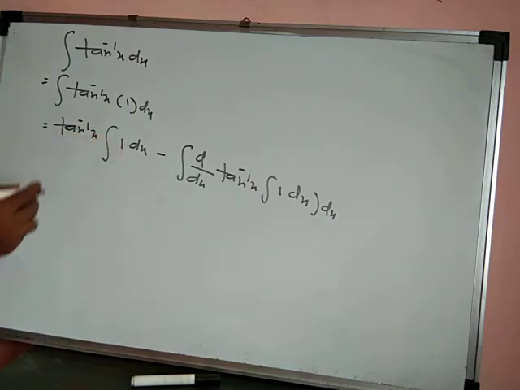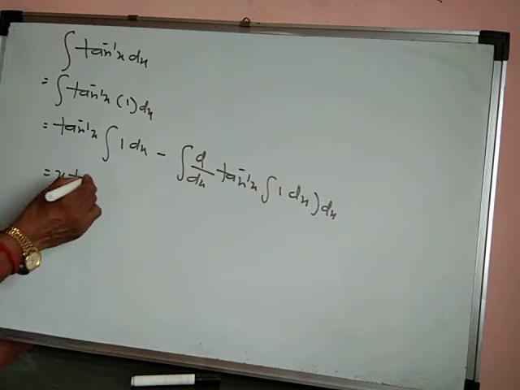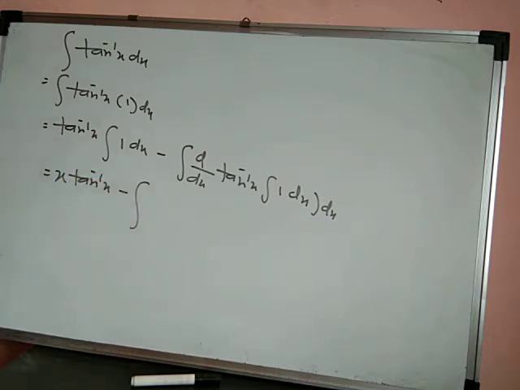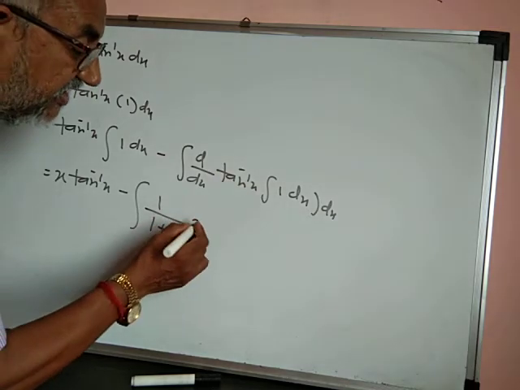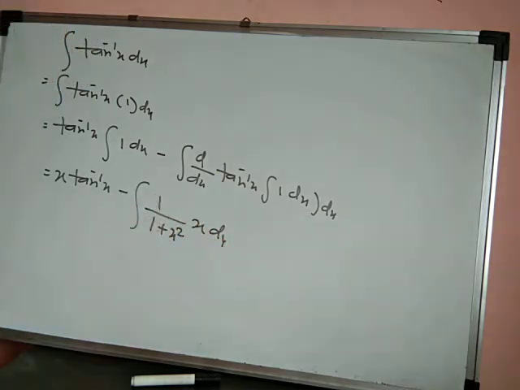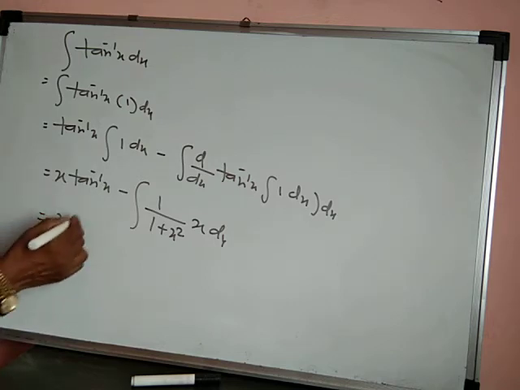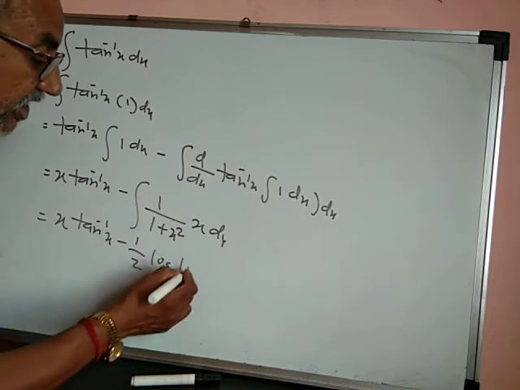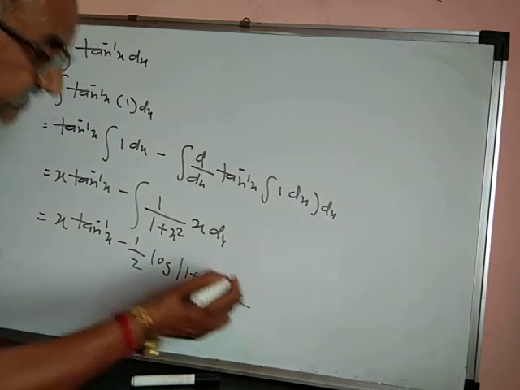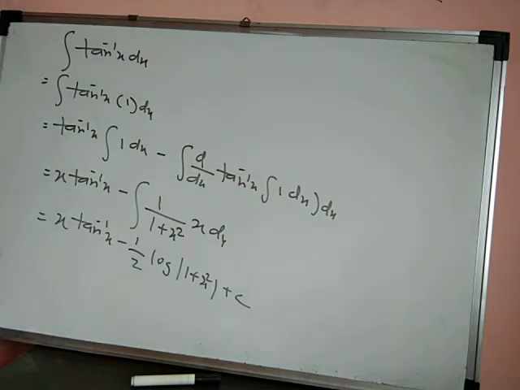So integration of 1 is x. So this is x tan inverse of x minus derivative of tan inverse x is 1 upon 1 plus x square, integration of 1 is x, dx. This is f dash x upon f x. So this is x tan inverse of x minus 1 by 2 log of 1 plus x square plus c.